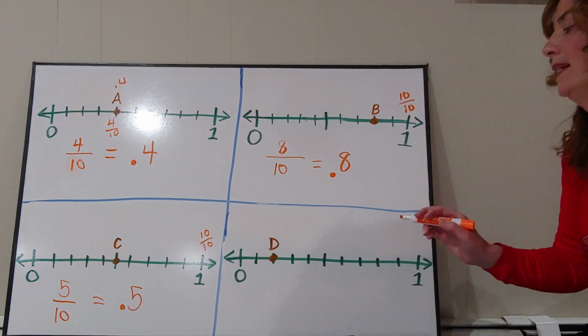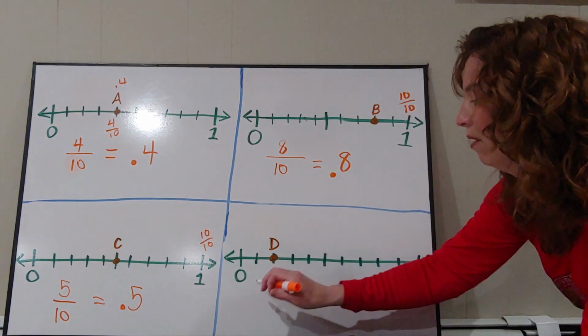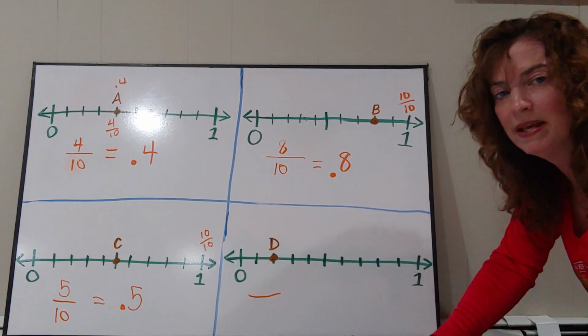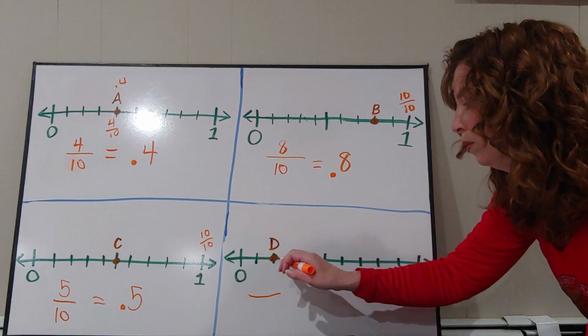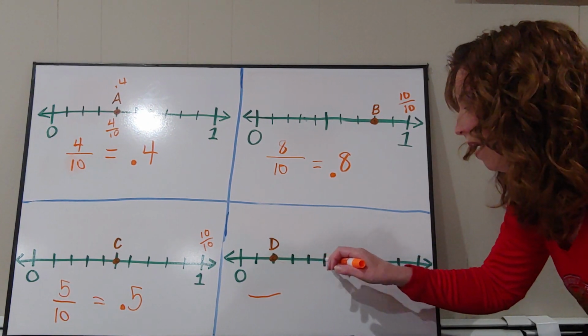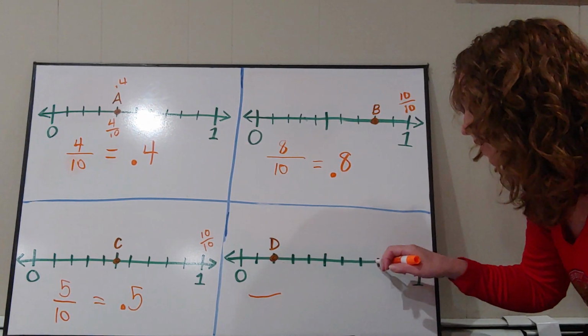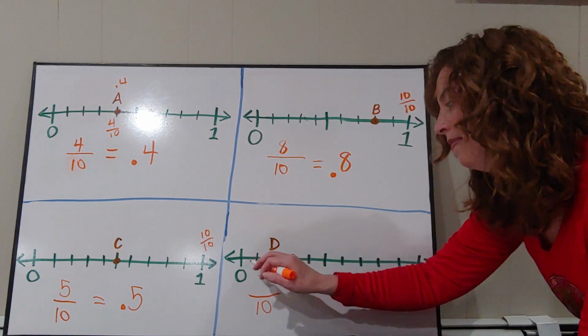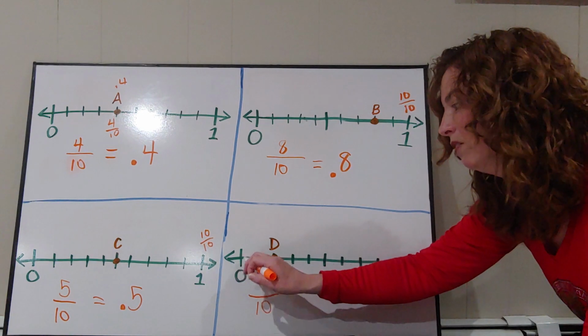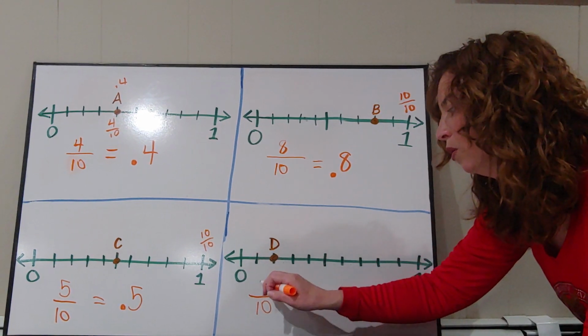All right, let's do our last example. Again, we're going to count the number of spaces. How many spaces is my number line divided into? 1, 2, 3, 4, 5, 6, 7, 8, 9, 10. 10. And then I want to count my lines. I want to start at my 0 and count 1, 2.